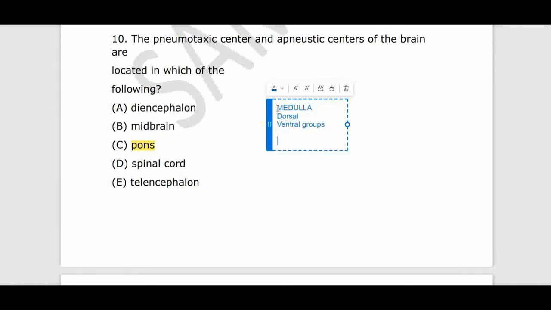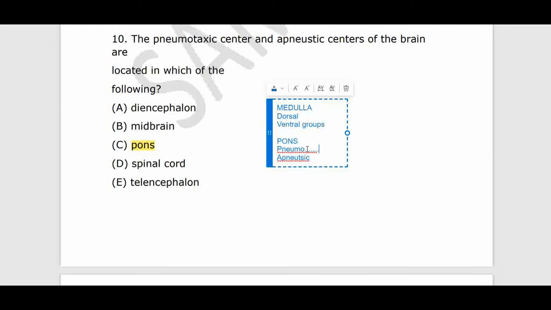The pons center is what will now modulate, and in the pons you have the pneumotaxic and the apneustic centers. It's really important to remember which one is upper and which one is lower, because sometimes they just like asking that in postgraduate exams.